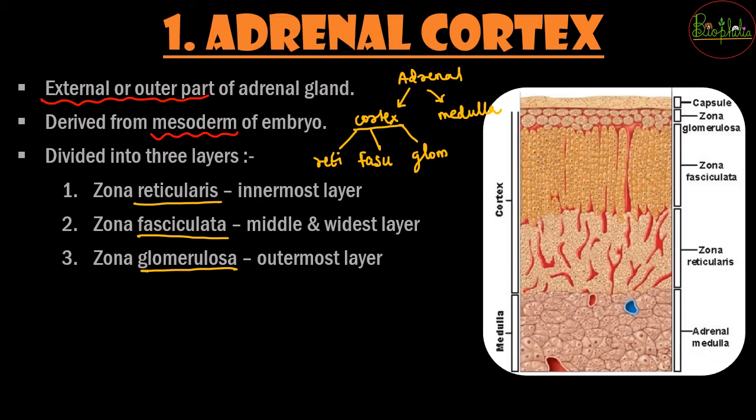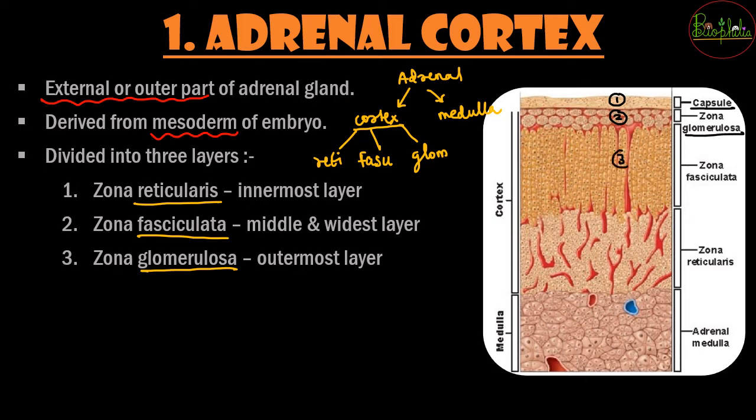So if you understand here, once you have a longitudinal section of the adrenal cortex, the adrenal gland, you will see different layers of it. So सबसे बाहर की जो layer होगी, it is going to be the first layer called as capsule. The second one is going to be the part of adrenal cortex, which is the outermost layer of the adrenal cortex called as zona glomerulosa.